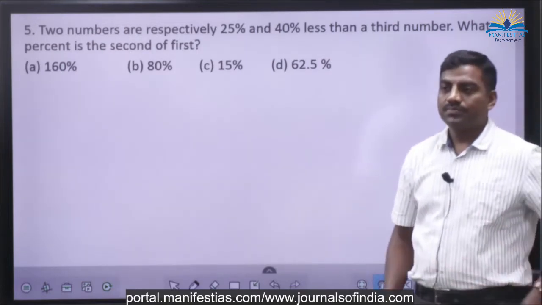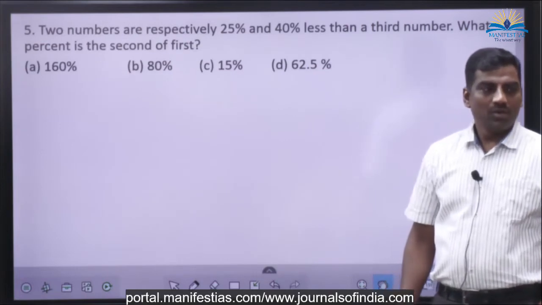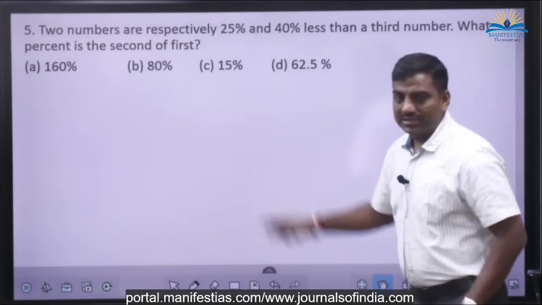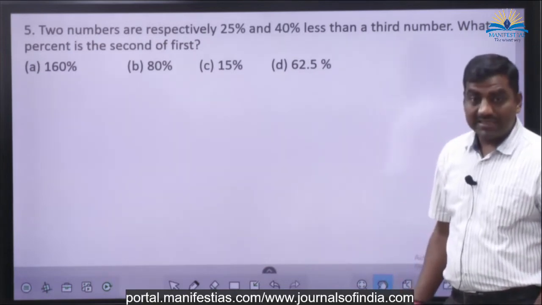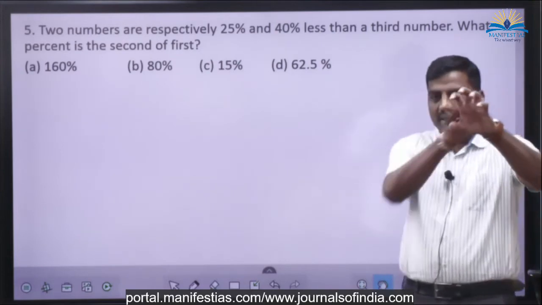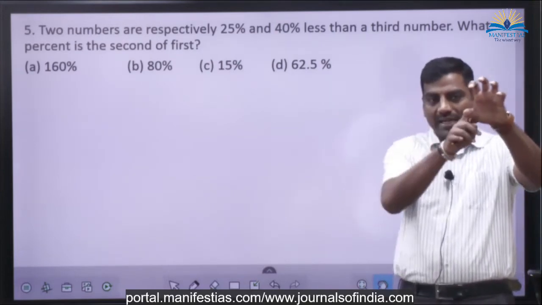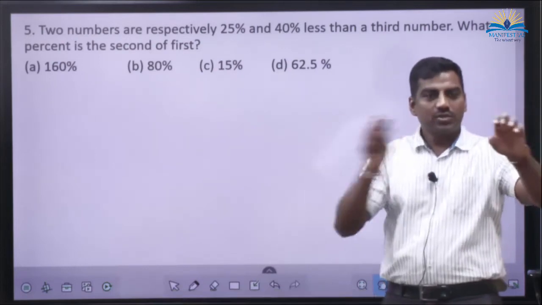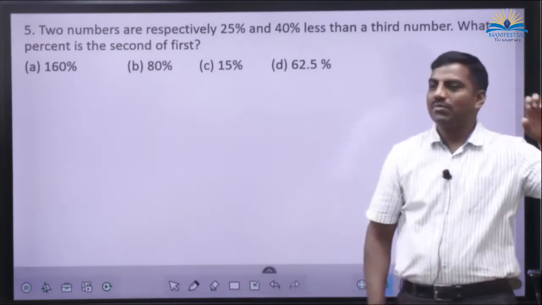Third number? Yes. Why? Because the first two numbers are being expressed in terms of the third. They are keeping the third as the reference and they are telling the first and the second are something of this. So we have to assume this as the variable.